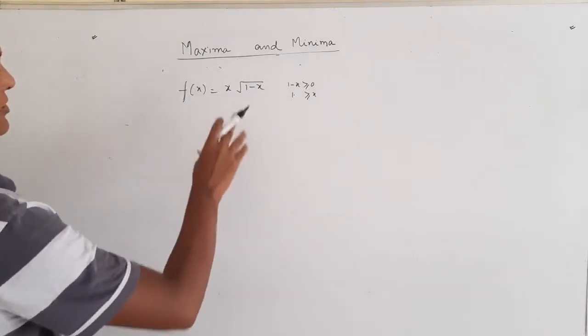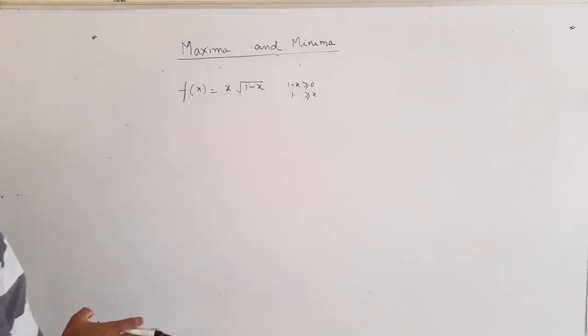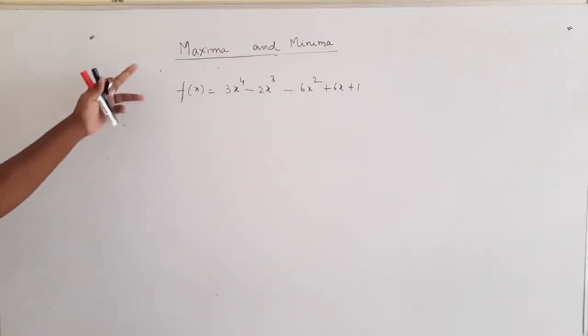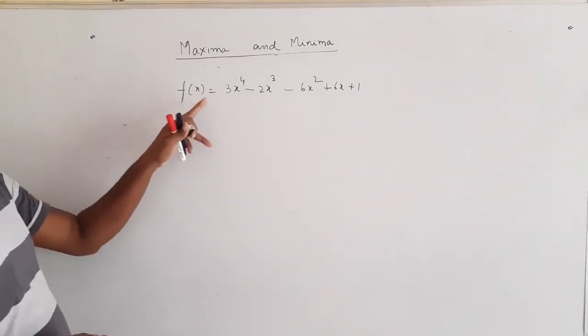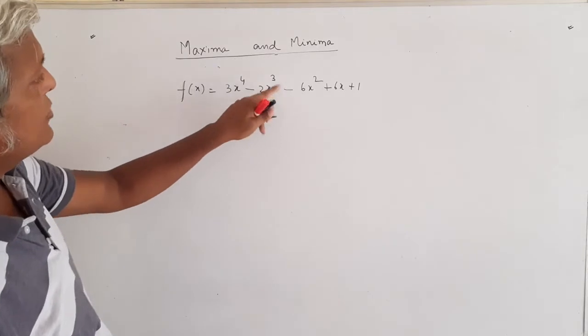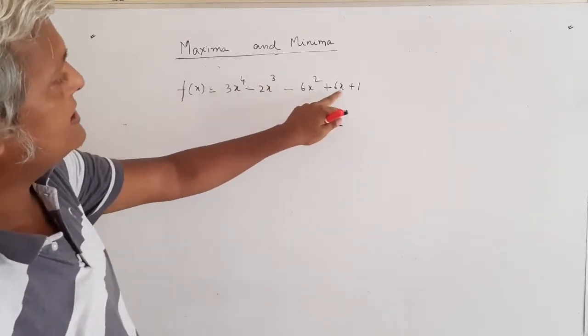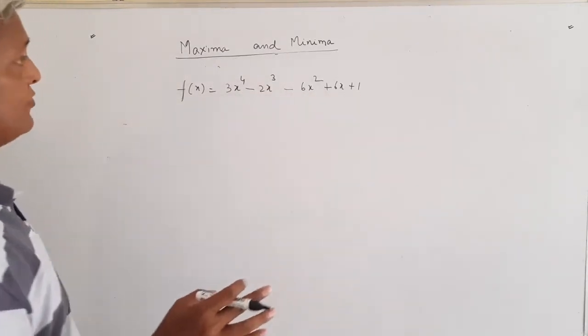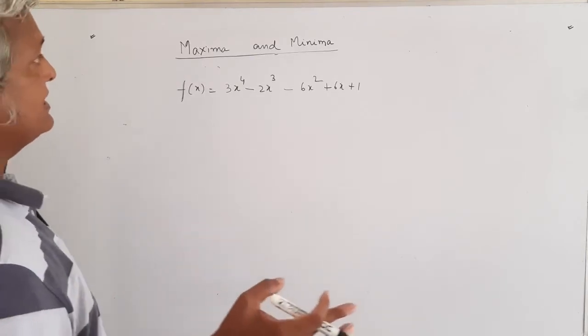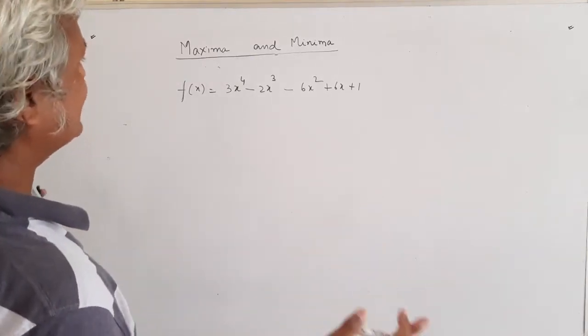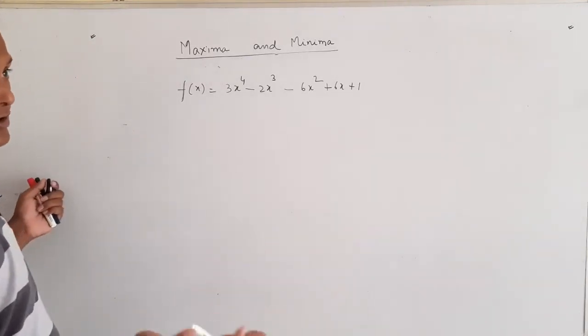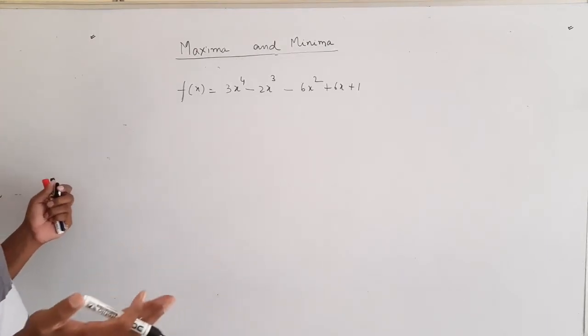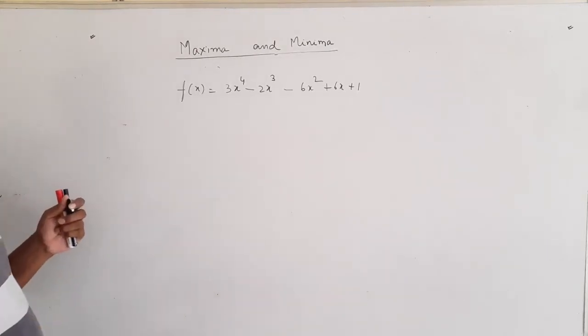Okay, so now I have taken a function f(x) equal to 3x to the power 4 minus 2x cube minus 6x square plus 6x plus 1, and I have to find the local maxima and minima, or you can say just the maxima and minima, the values at which the maximum and minimum will happen, and the maximum and minimum value of the function.